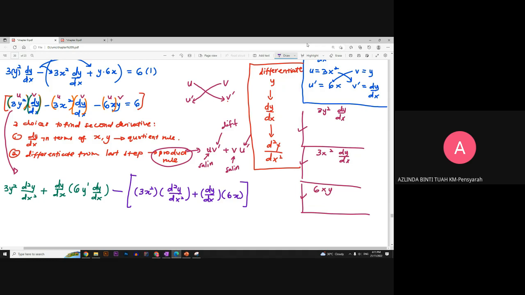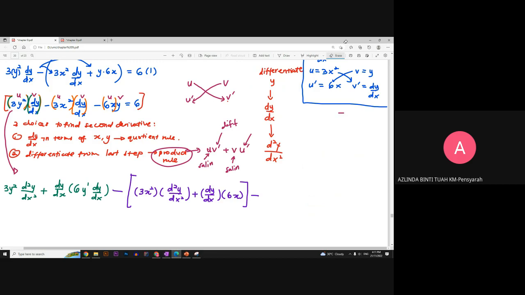Seterusnya, tolak lagi. Okay, tolak. Buat big bracket. U, V prime, plus V, U prime. Okay. Equals, differentiate 6 adalah 0.